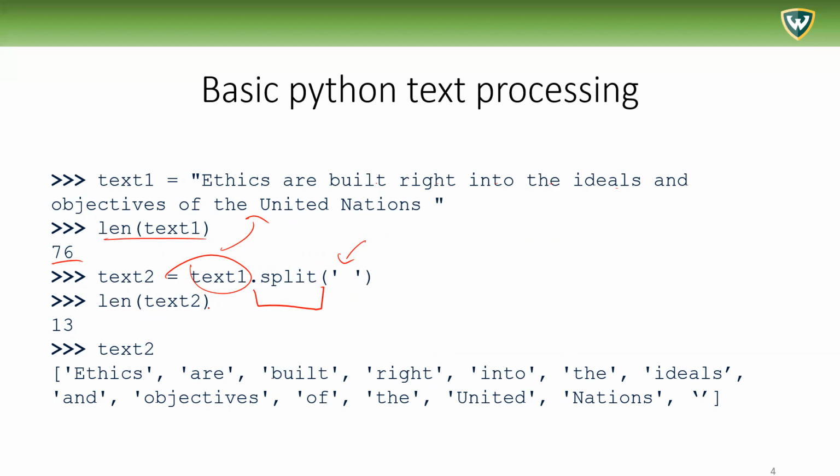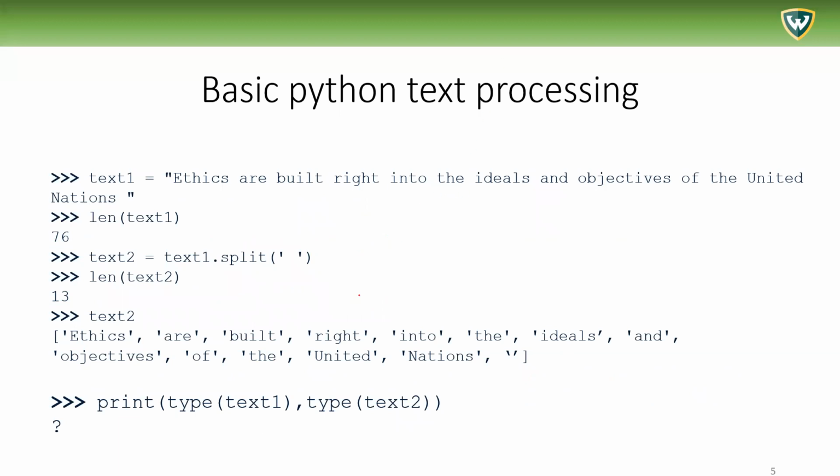And then if we apply this function to text1, and this is the syntax, the structure for how we do it, put that value into a text2 variable, and then we apply the length function, len, we actually get 13. And what's 13? Well, the 13 is the number of items in this list. Okay, so you can see it broke up that string and gave you a set of tokens, as we call it in text mining.